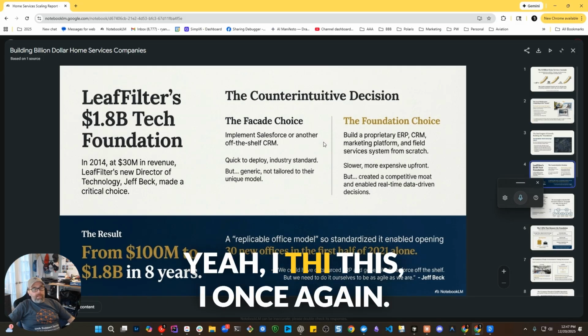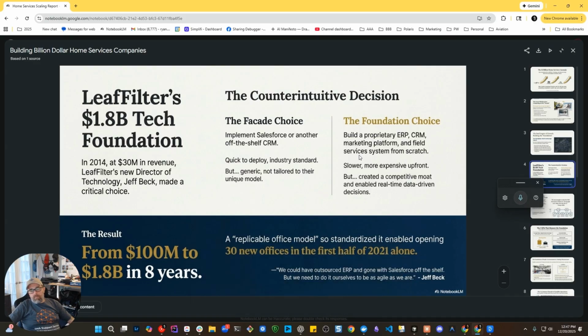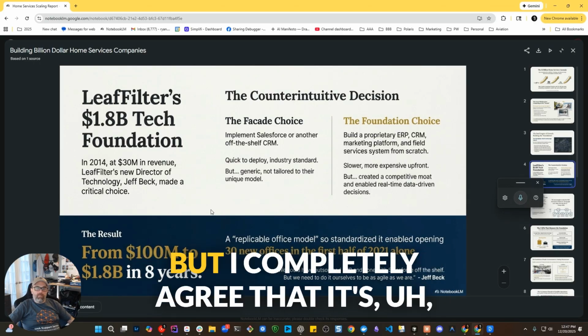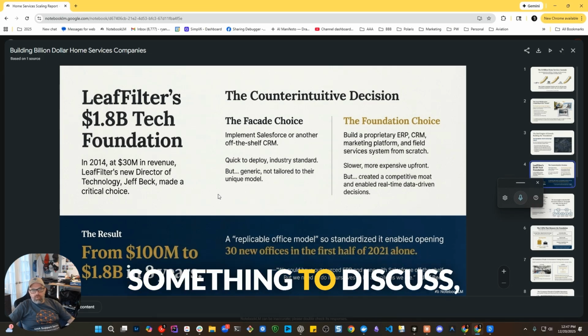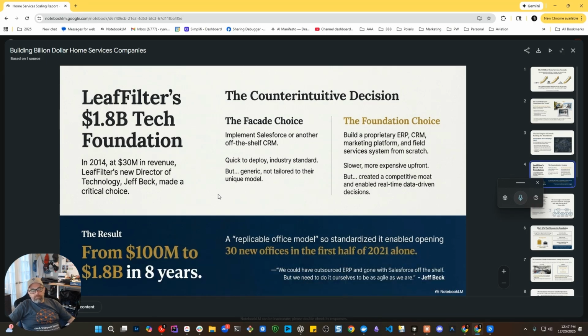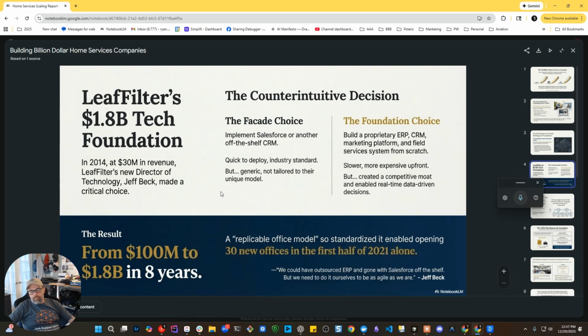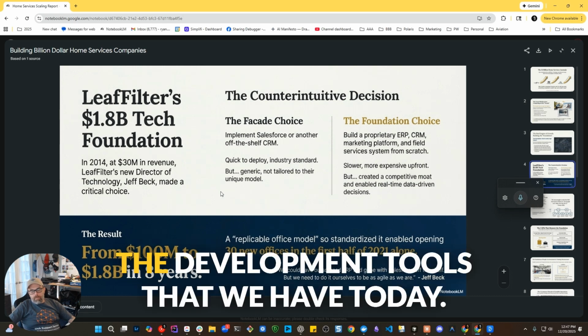Yeah. Once again, we could talk for hours about the difference between these two choices right here, but I completely agree that it's something to discuss. Especially today with the development tools that we have today.